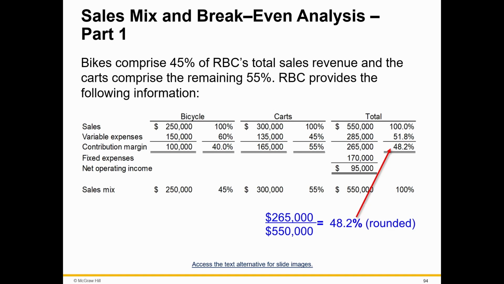So the contribution margin for the total would be 256,000, and total sales for both products would be 550,000, which comes out to 48.2%.